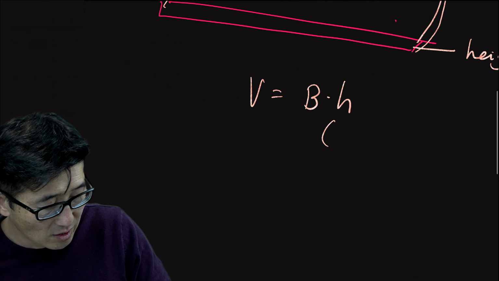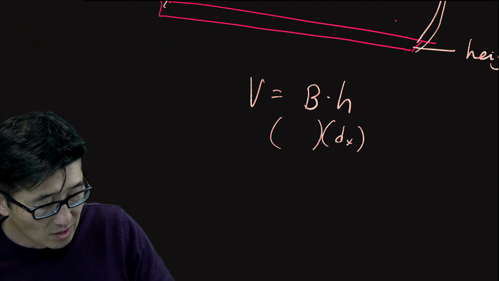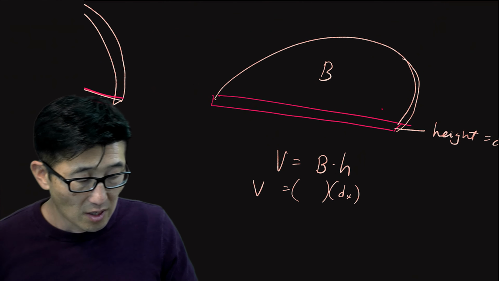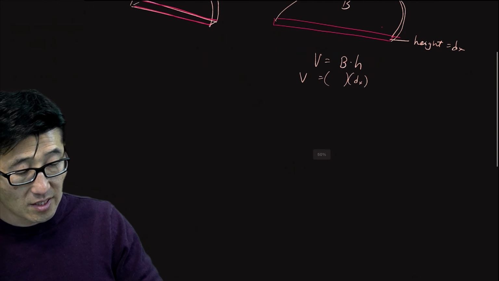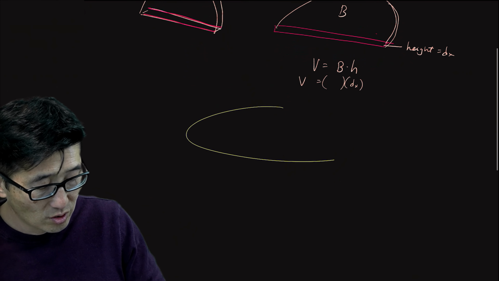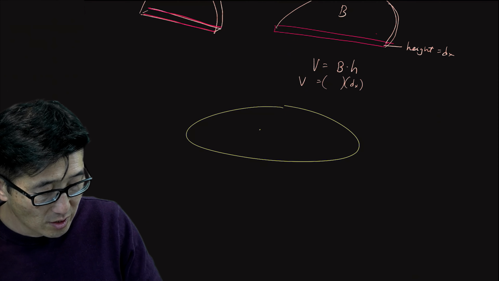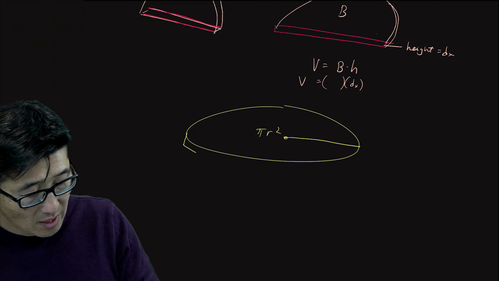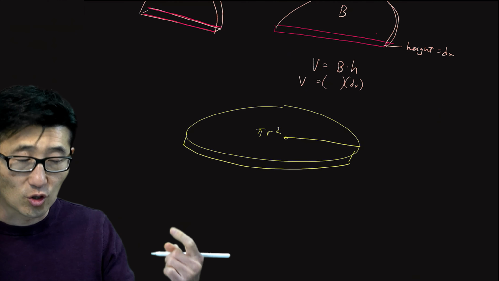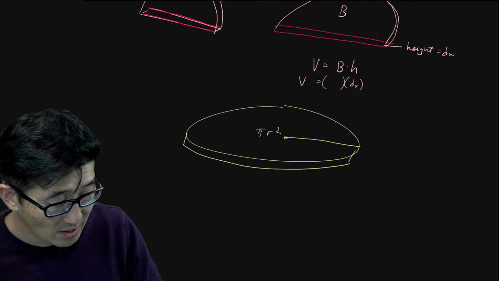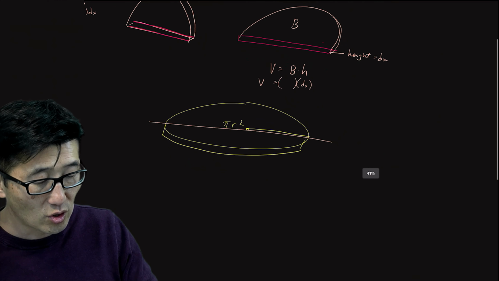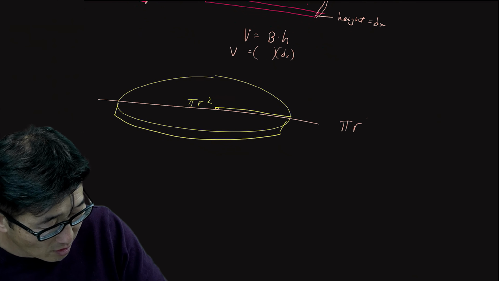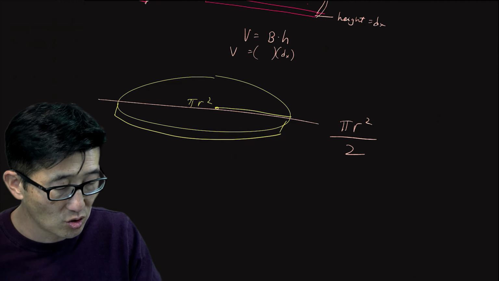All we need to do now is find the letter b, which is the area of a half a circle. So let's begin like this. The area of a circle is pi r squared, where the radius is right over here. This is a full circle, but if we cut this in half, we're going to have an area of pi r squared divided by 2.